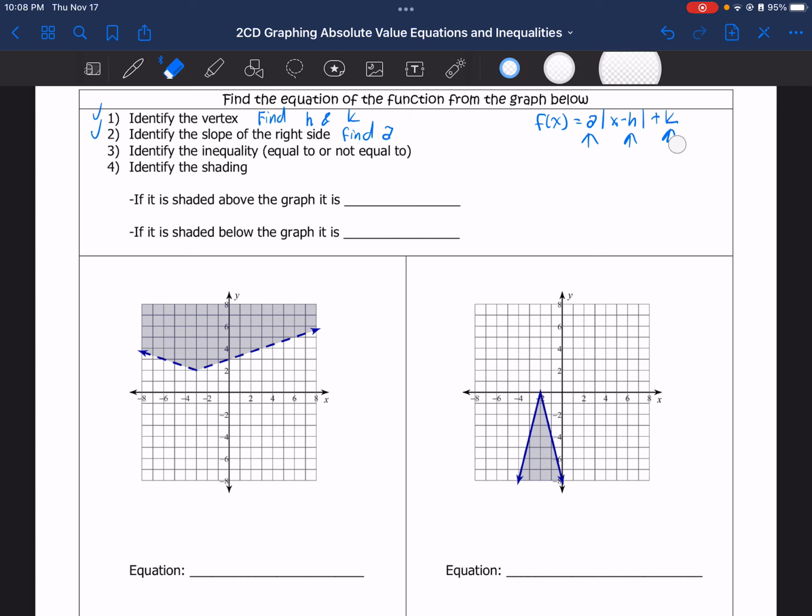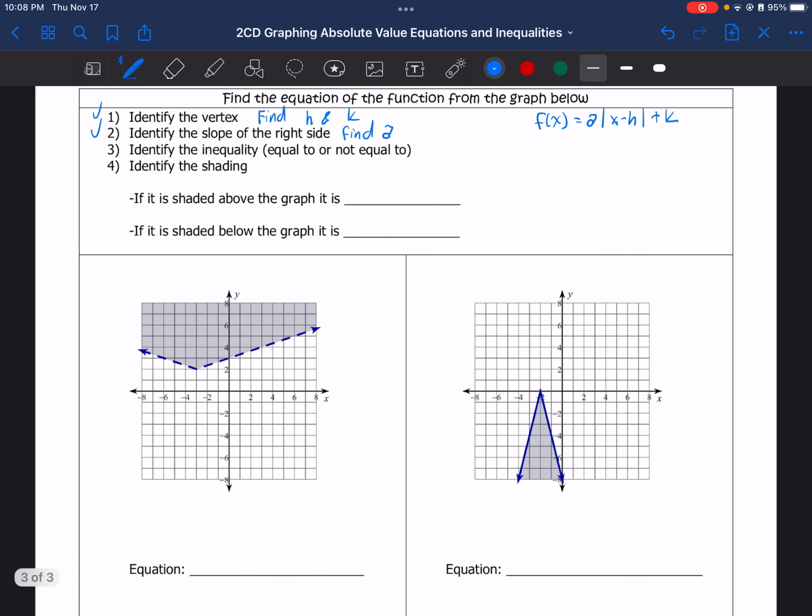But let's say I give you an inequality. I want you to find the equation of an inequality. That's where we move on to step 3 and step 4. We want to identify the inequality, meaning we want to find whether or not it's equal to or not equal to. So if it's a greater than or equal to, or less than or equal to.